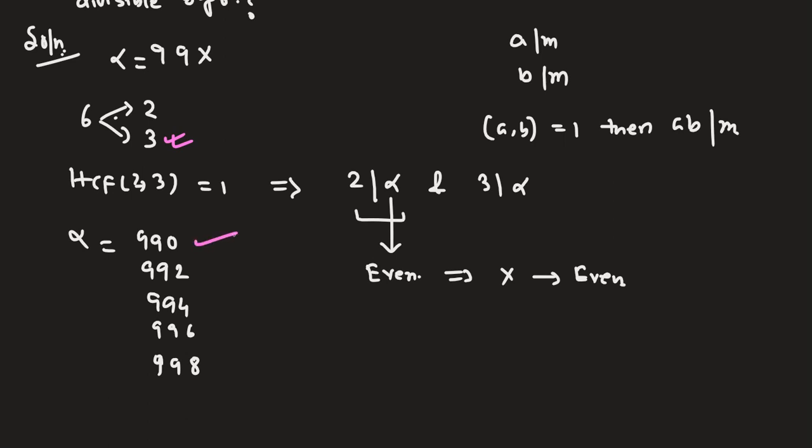So 9 plus 9 is 18, divisible by 3; 20 not divisible; 22 not divisible; 24 divisible; and this is not divisible. So we notice that this number 990 and 996. Out of these two, 996 is the greatest number. So this will be the greatest 3-digit number which is divisible by 6.